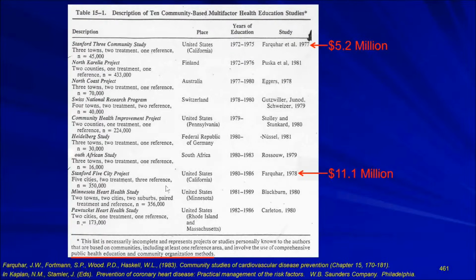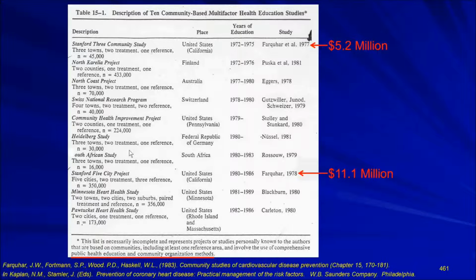Then we did the Stanford 5-city study in the early to mid 80s, and the price tag was $11.1 million, so very expensive. We had 45,000 in the first study, and we had 350,000 in the 5-city study. But you can see that the studies were done internationally. We had the Swiss National Research Program, and we had the Heidelberg study, etc.